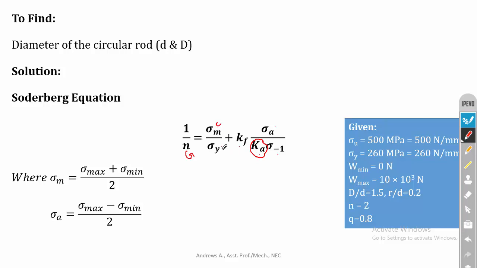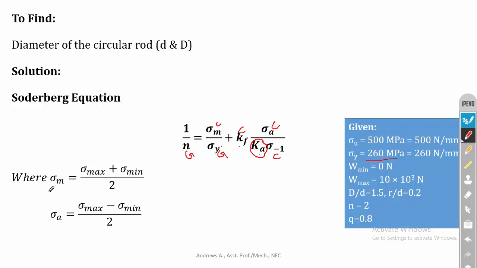Sigma m we have to calculate. Sigma y is yield stress, given in the problem as 260 megapascal. Kf we have to calculate, sigma a we have to calculate, Ka is a constant, and the endurance limit stress is also not given, so we have to calculate it. So we have to calculate sigma m, Kf, sigma a and sigma minus 1.